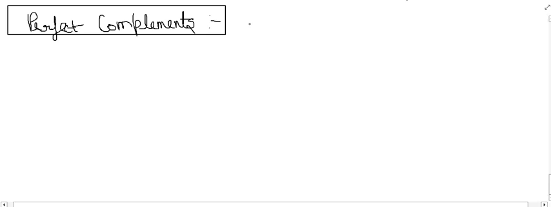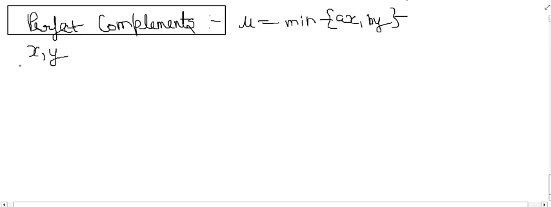Now the general form is u equals minimum of ax comma by. First let's talk about what exactly these perfect complements are. These are two goods, x comma y, consumed in a specific ratio. The word ratio is very important to identify which utility function the question is talking about.